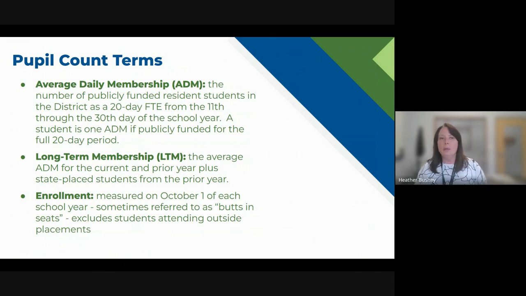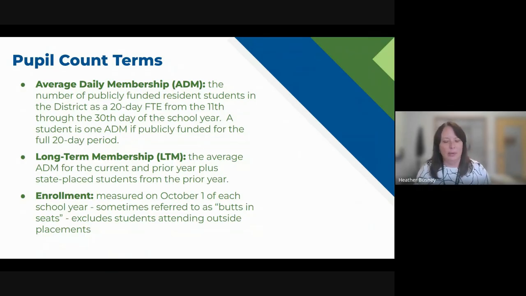Now, enrollment is also something that we talk about, and enrollment is yet a different number. It is measured on one day out of the school year, October 1st of each school year. We capture what our total student enrollment is, and that is our enrollment number.